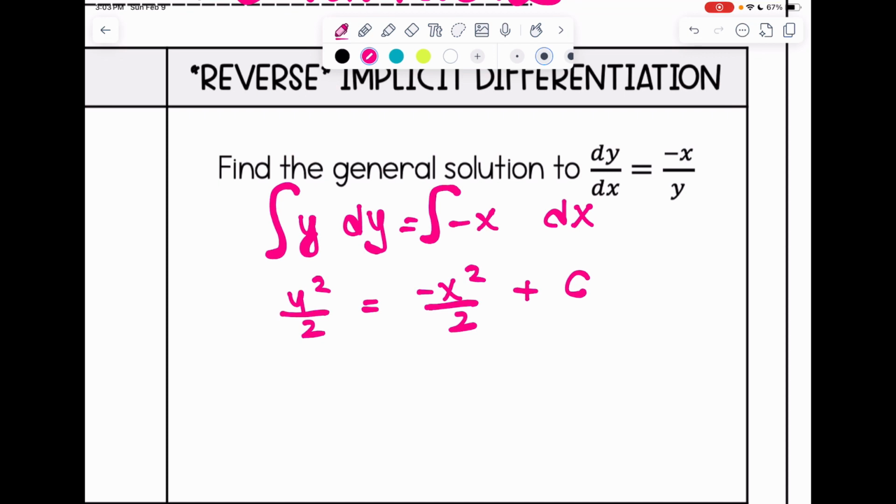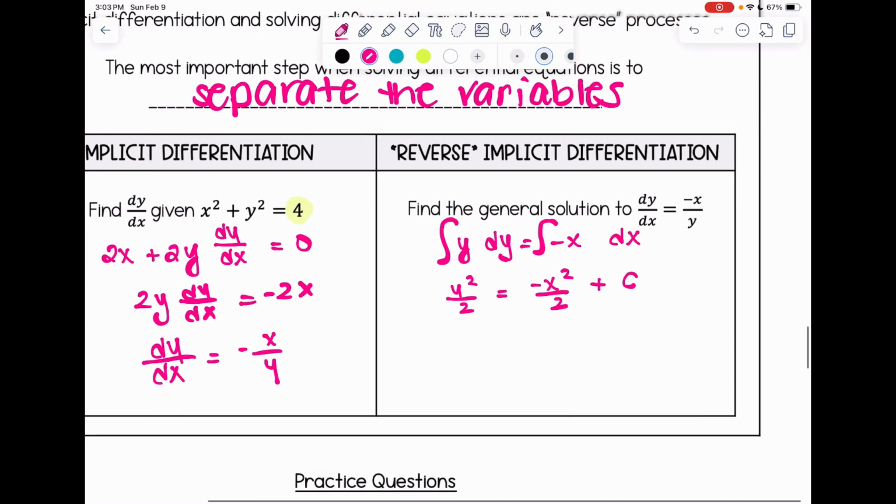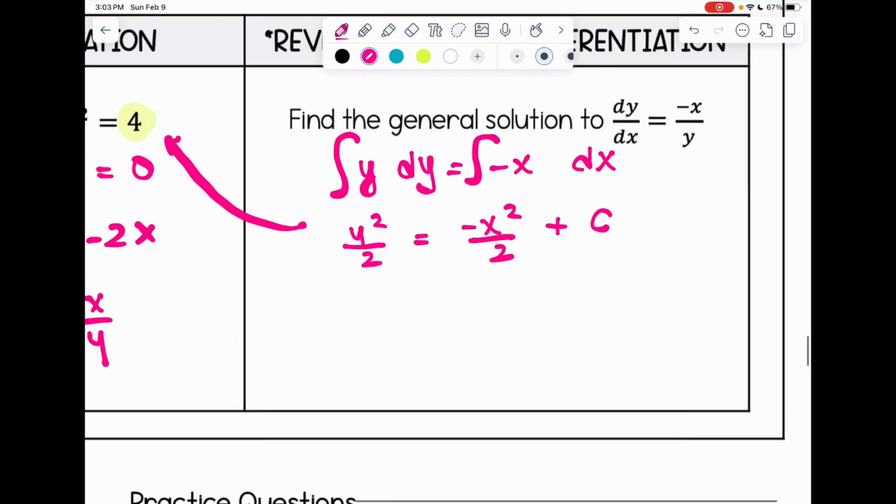All right, we want to see if we could get this to basically match what we were working with over here, just so that we can understand these as reverse processes. So I'm going to multiply everything by 2. Now, when I multiply c, some unknown constant, by 2, I'm still getting another unknown constant.